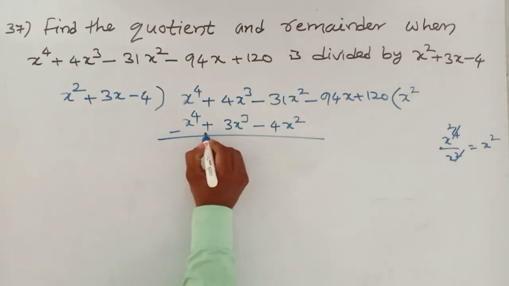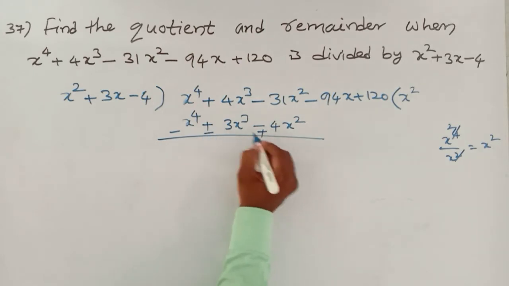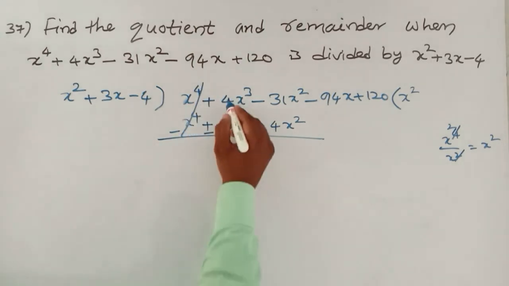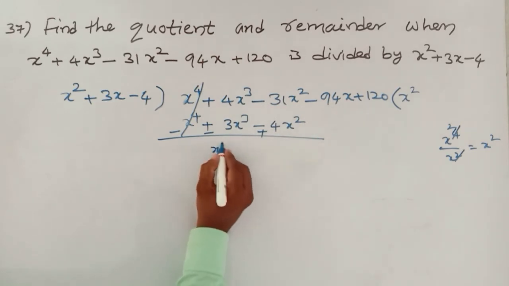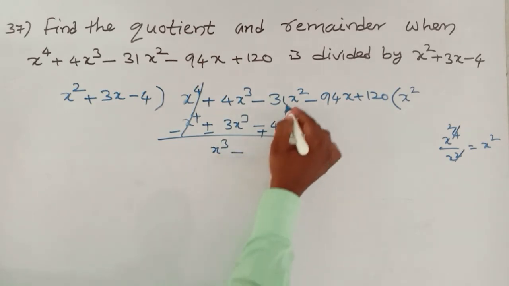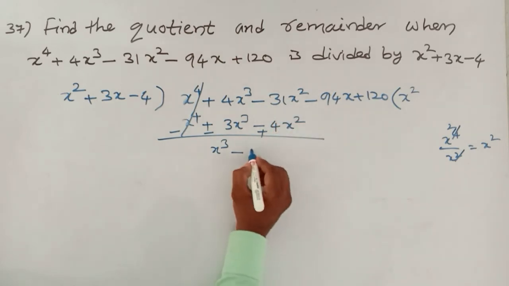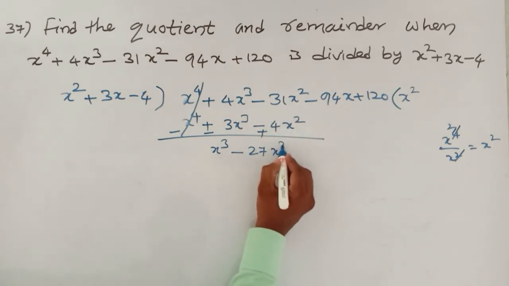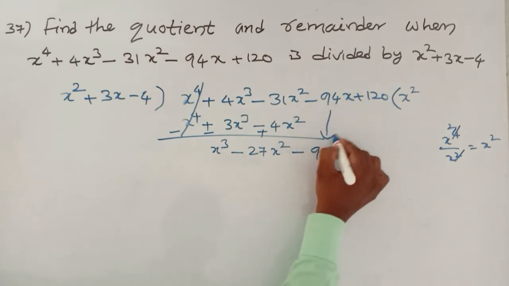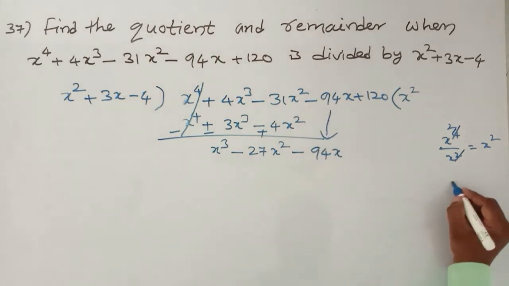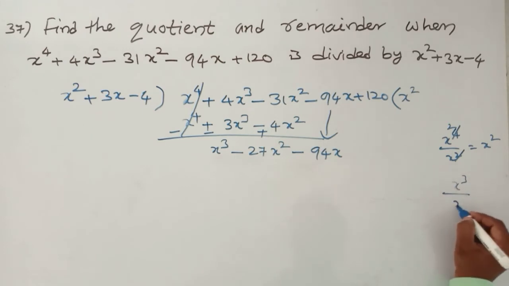Now changing signs, x to the power of 4 is cancelled. 4x cube minus 3x cube is x cube. Minus 31 plus 4 is minus 27x square, and I am dropping minus 94x. Now again the first term: x cube by x square is x.